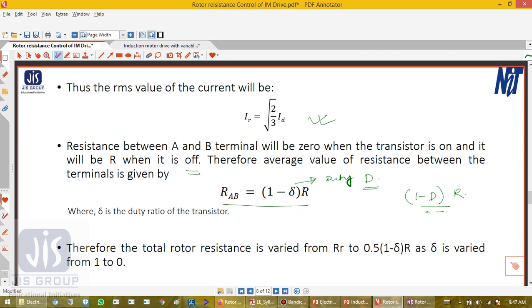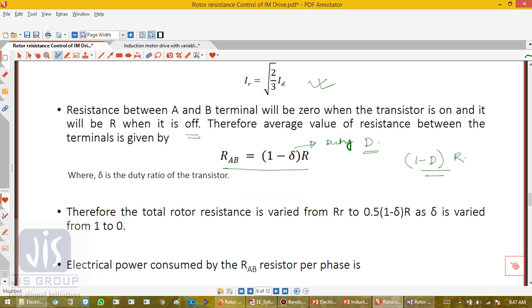So this is the duty ratio. Therefore the total resistance is varied from R to 0, that is 1 minus delta into R, as delta varies from 1 to 0.